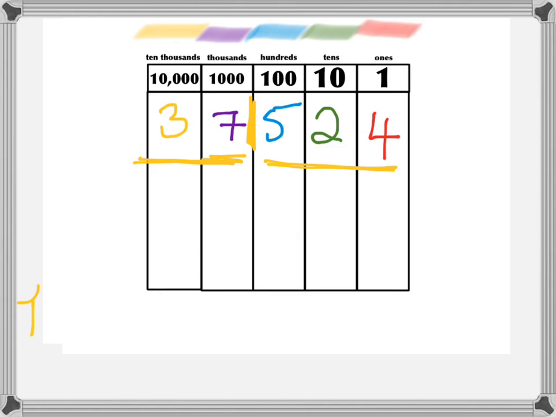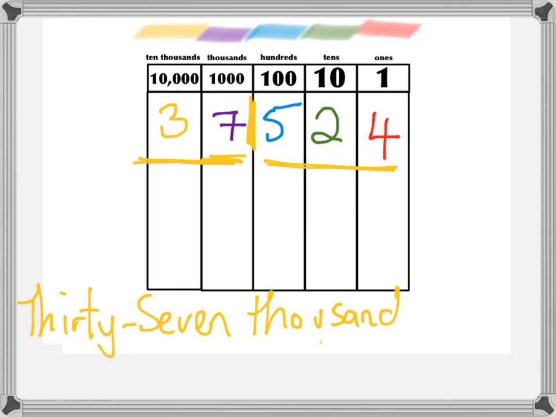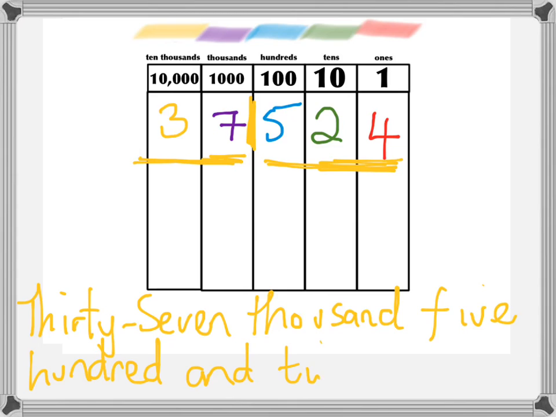So we've got 37,000, which is interesting. That's worked the same way as our tens and ones there. So 37,000, and we've still got 500 and 24.